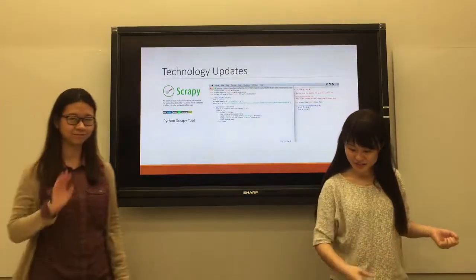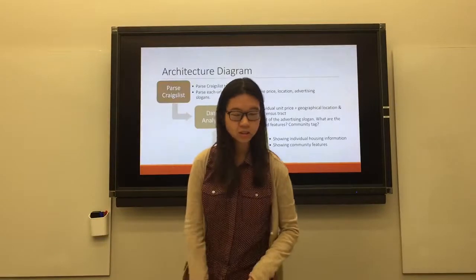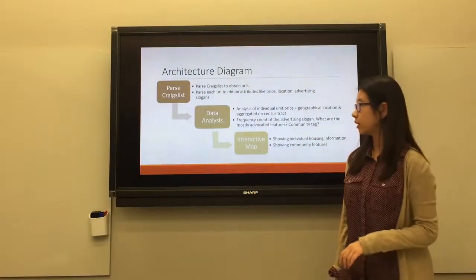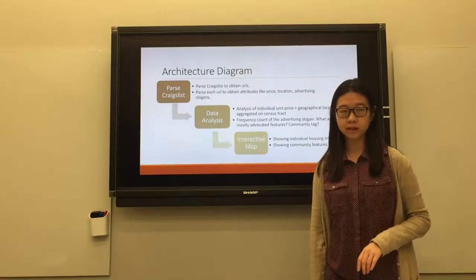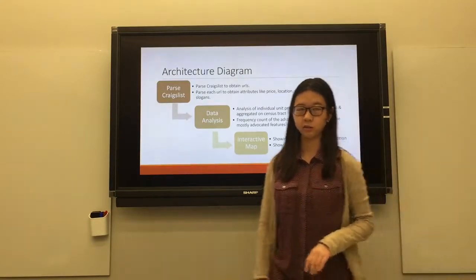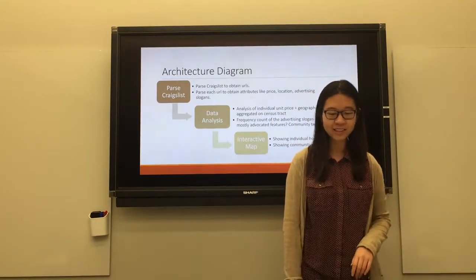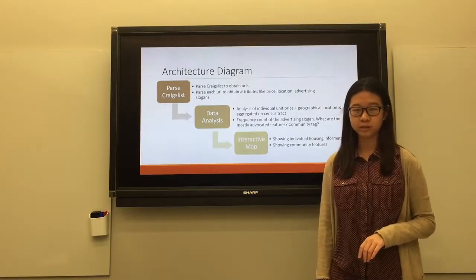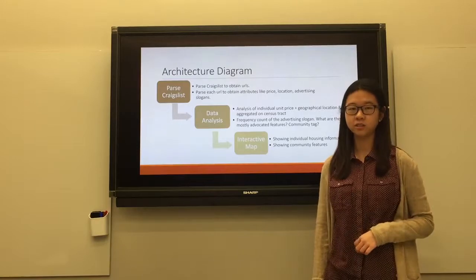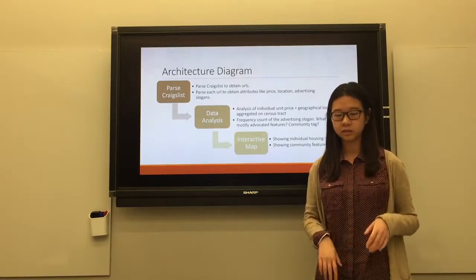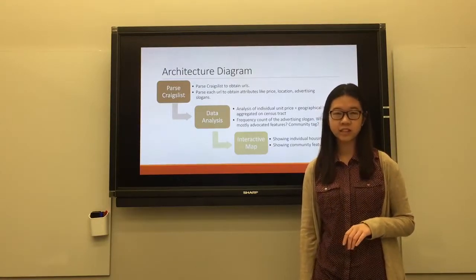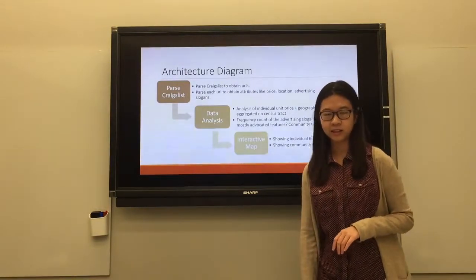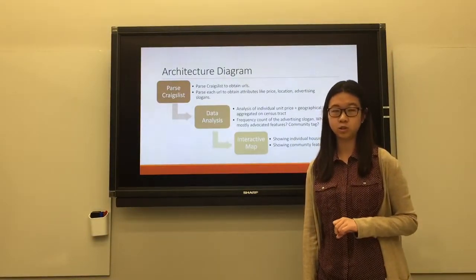So Shunan will continue. Okay, so this is the architecture diagram. First, we want to parse Craigslist to get URLs for all the units that satisfy our location choice. And then we want to parse each URL to look at the attributes like price, location, and advertisement slogan. So in terms of data analysis, we want to do analysis of individual level data and aggregate level data on census tract.